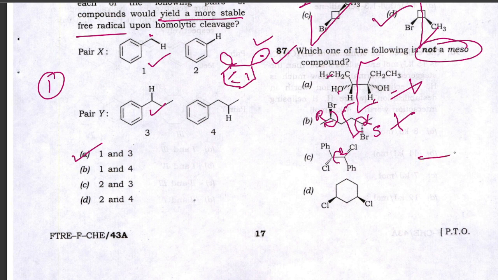If I rotate the single bond, pH will be here, and the Cl in the downside will come upside, like this. But this Cl is in the downside.